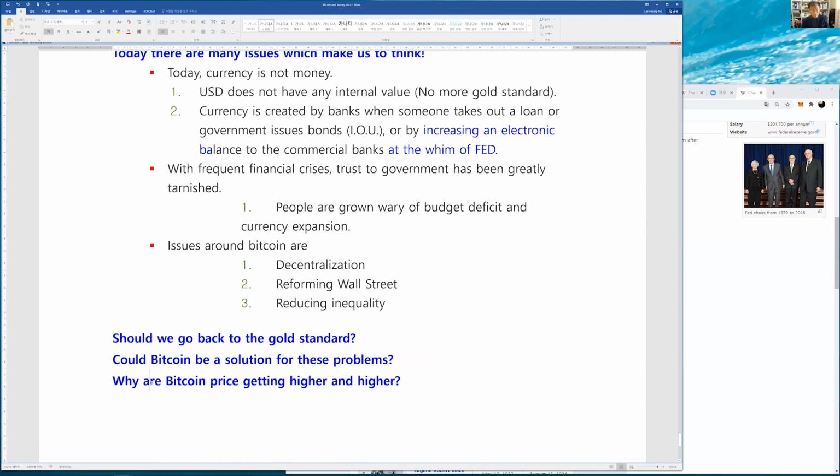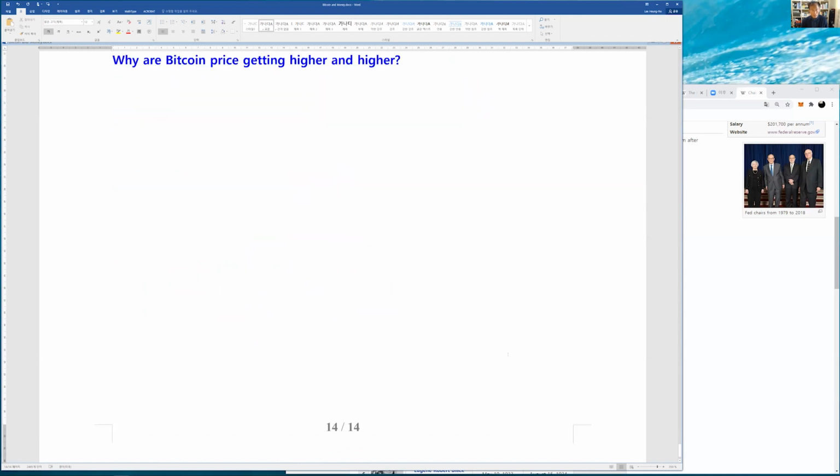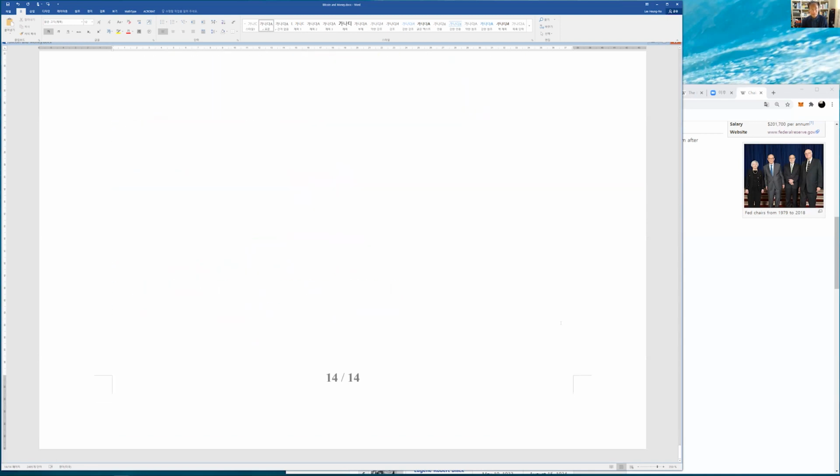These are the issues that we can think of when we come to study a new form of money, which is Bitcoin. Okay. All right. I think I should stop at this point.